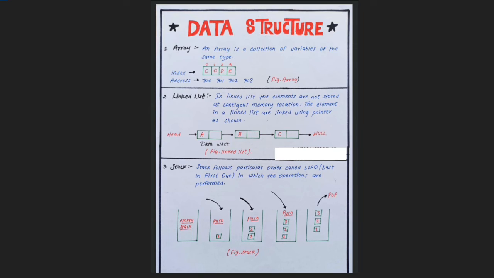It means out, such as I told, LIFO, last in first out. So friends, I read here in data structure the definitions of array, linked list and stack with the figure. I hope that this is well understood.